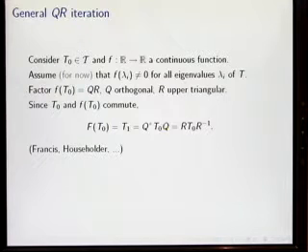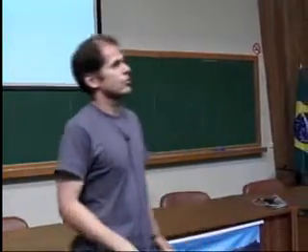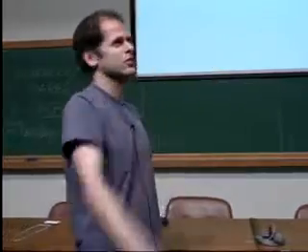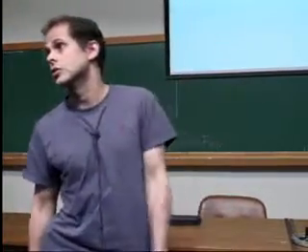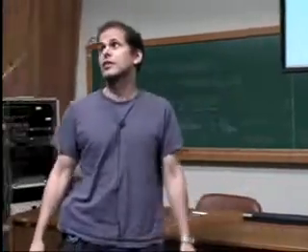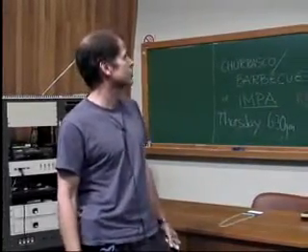Now, since f of T0 and the product QR commute, if you write T0 QR equal to QR T0, you deduce that both conjugations give you the exact same thing. That's what we call capital F of T0.